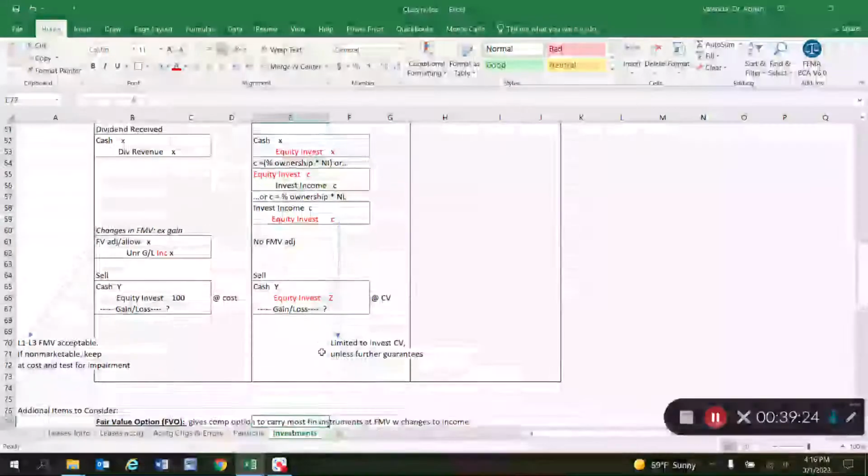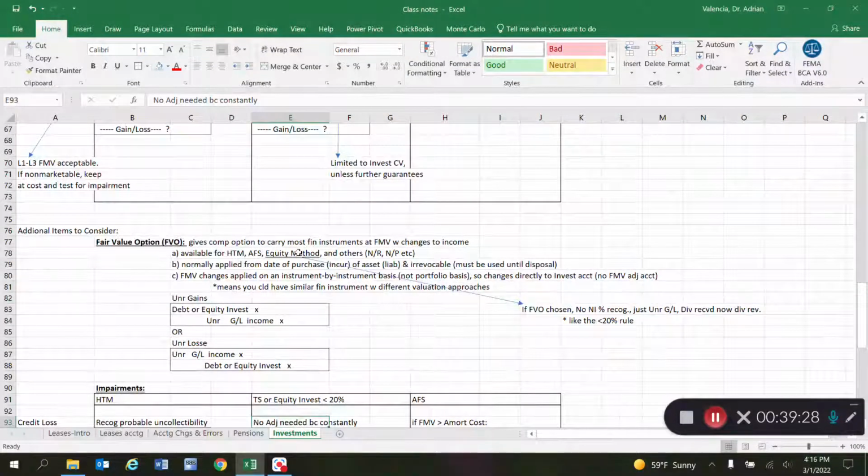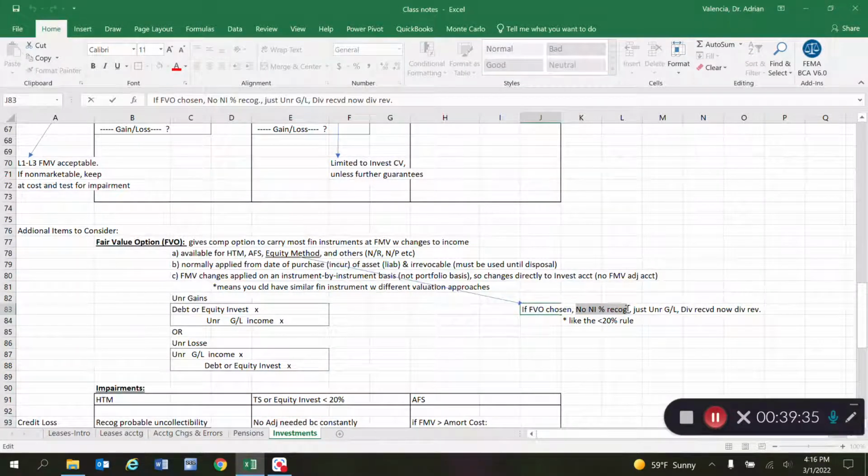Well, if you decide instead to not use the equity method of accounting and choose the fair value option, then at that point you don't recognize that percentage of income. Okay, no longer, you don't do that. All you do is just recognize unrealized gains and losses from changes in fair value. And then any dividend that you receive does not affect the investment itself, it's just going to be dividend revenue.